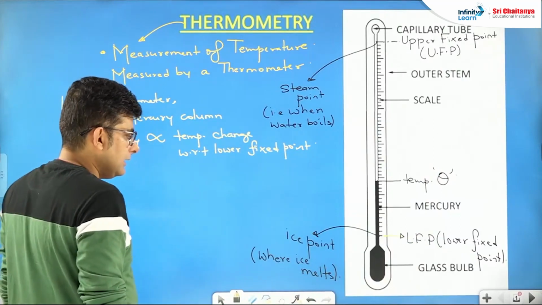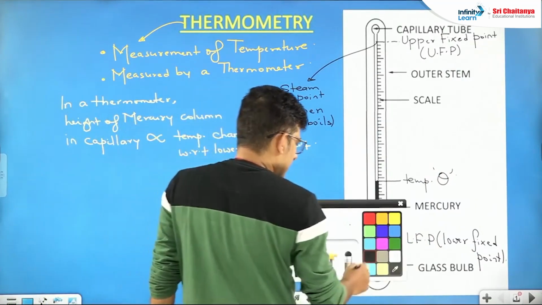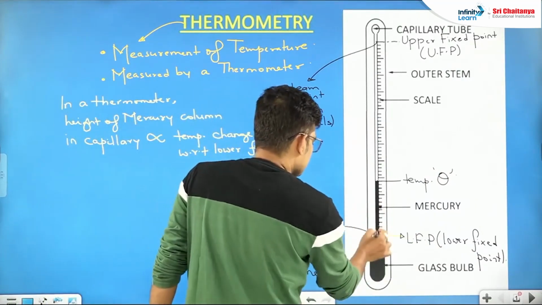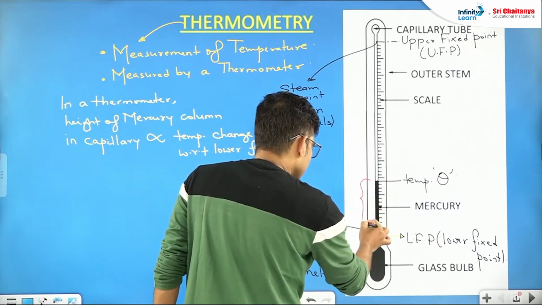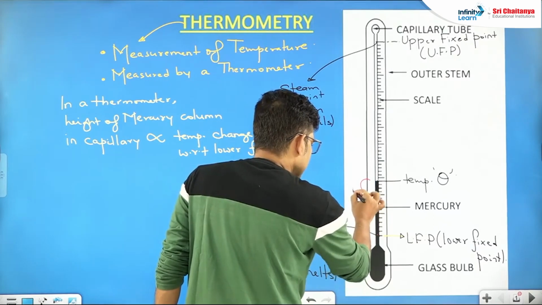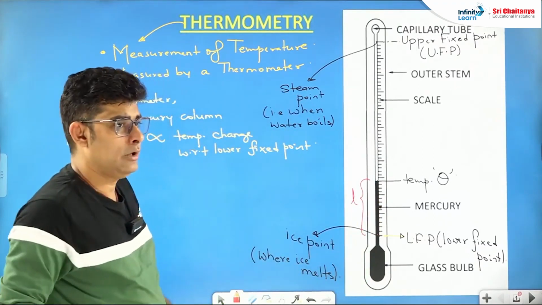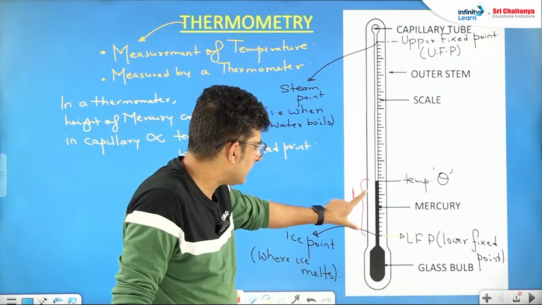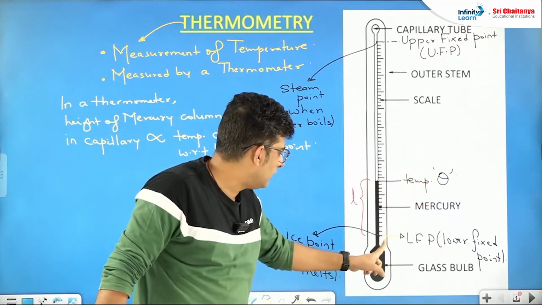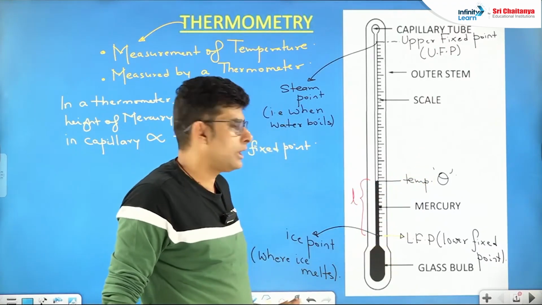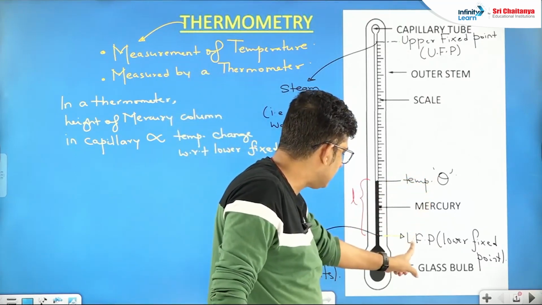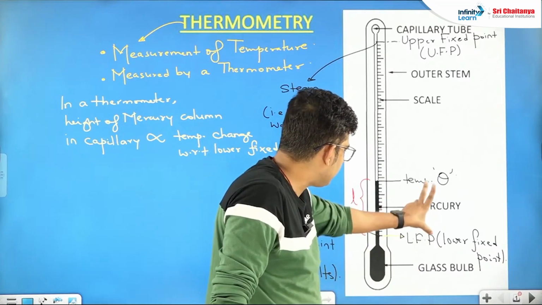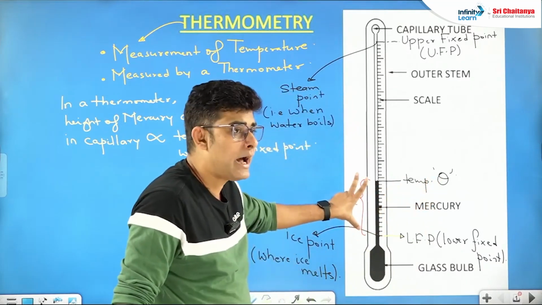So when we compare it height wise, you can see a particular height, let's take this height as l. So l height denotes a temperature change of theta from the lower fixed point. So what is the temperature change? Theta minus LFP corresponds to a height of how much? l.